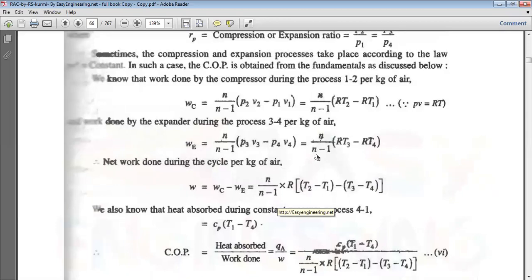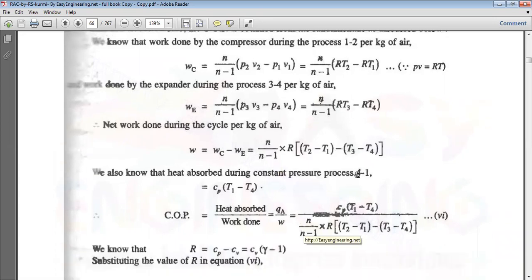Now subtracting equation 2 from equation 1, I take n by n minus 1 and R as a common factor. Therefore, R into T2 minus T1 minus T3 minus T4. Let us call this equation number 3.